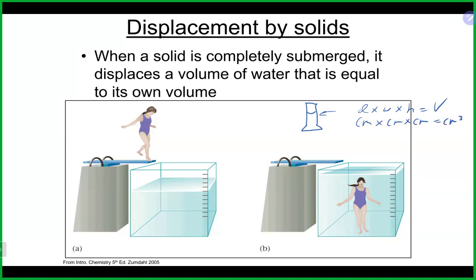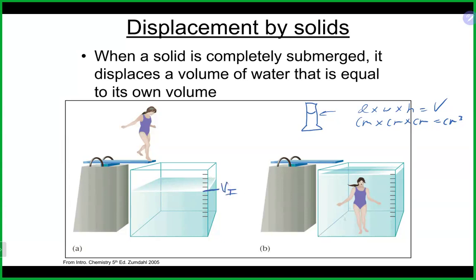Also, like we did in the lab on Monday, a very, very common way to get the volume of an object, especially a solid object, and when you're dealing with density, is volume by displacement. So a solid object will displace a liquid like water equal to its own volume. So basically here, before she dives in the bucket, we have an initial volume reading.